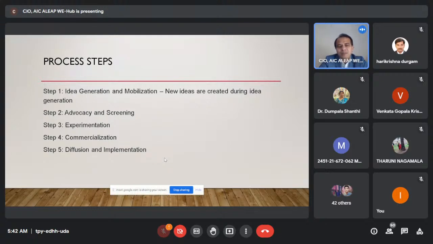When we say experts, it is nothing but your mentors. Students, you have to work with your faculty who are your mentors. Remember that faculty are the people who will guide you to take your ideas to the next step. So they will act as the mentors.